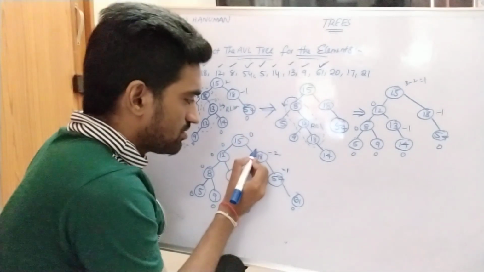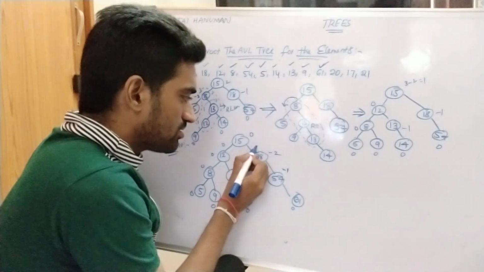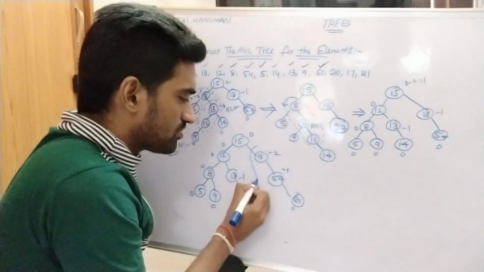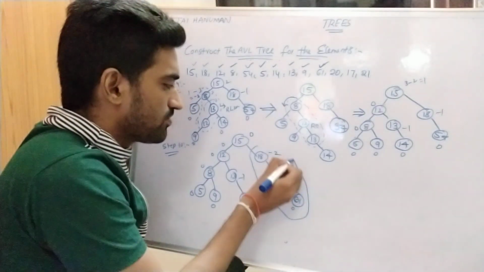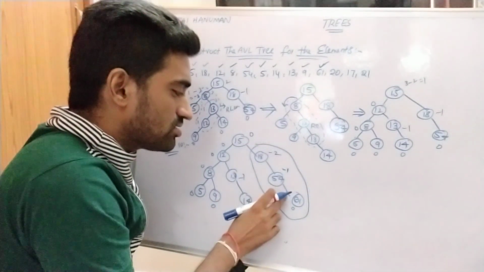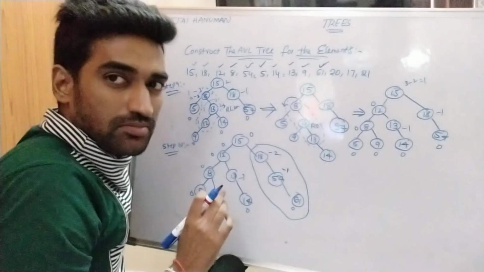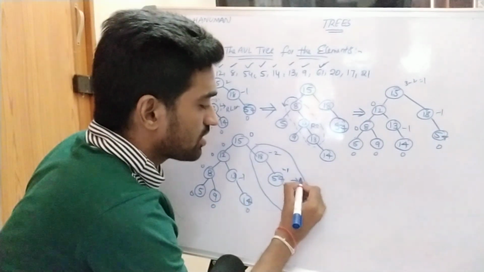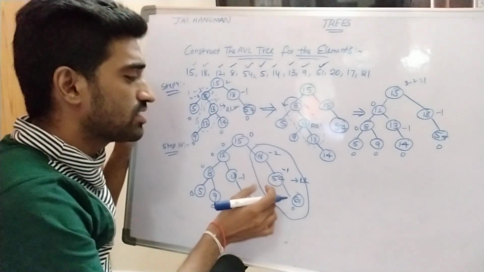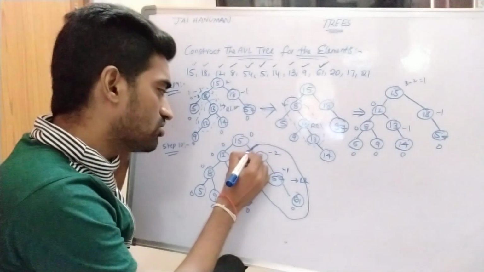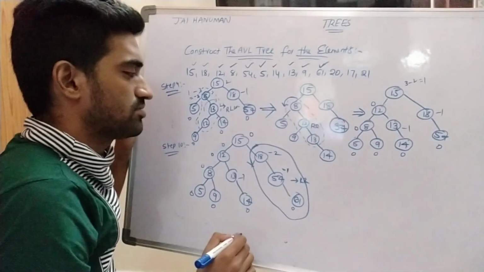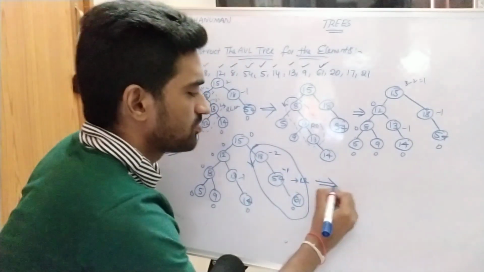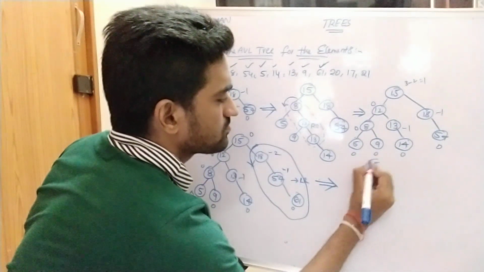So here balancing factor is violated at this node by inserting right node of right subtree, which is nothing but RR rotation. So in RR rotation, what are we doing? Simply we are moving the node towards left direction. Now tree becomes 15.